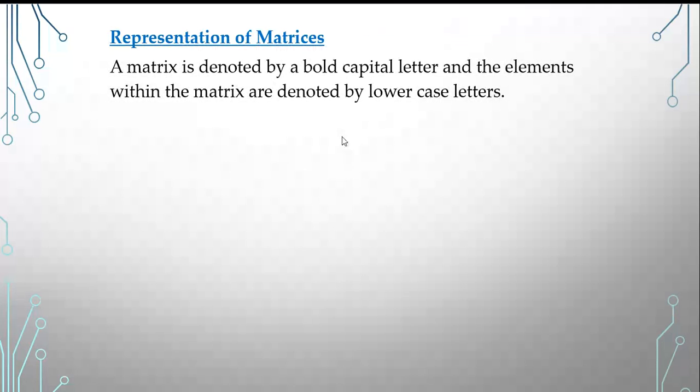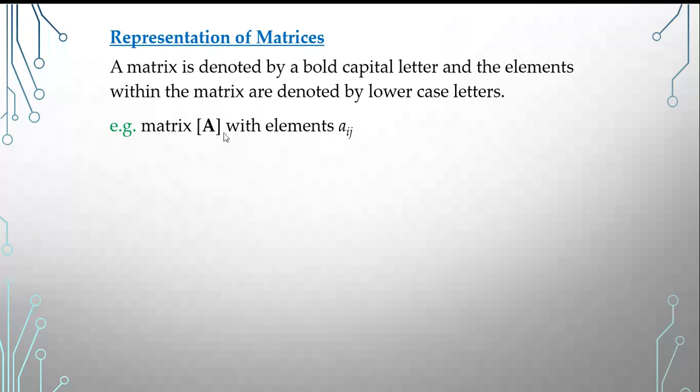Next, how to represent matrices. A matrix is denoted by a bold capital letter and the elements within the matrix are denoted by lowercase letters, like that. This represents our matrix. Here we represent our matrix A in square brackets.